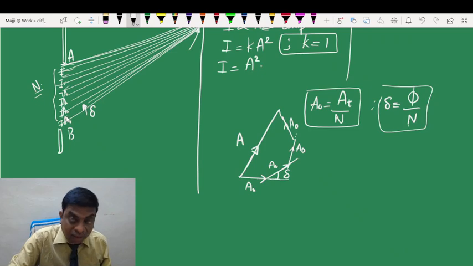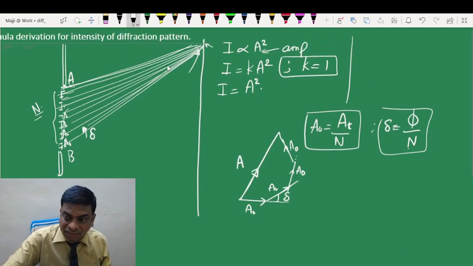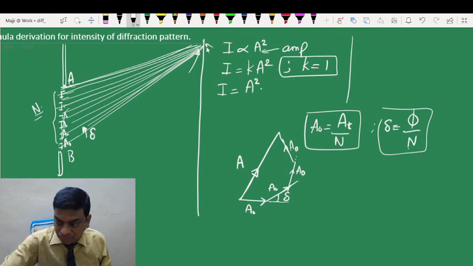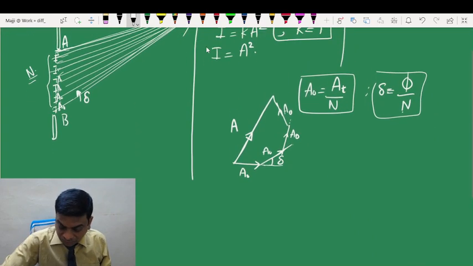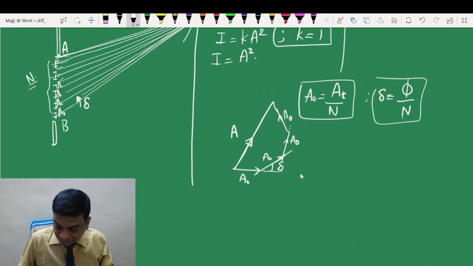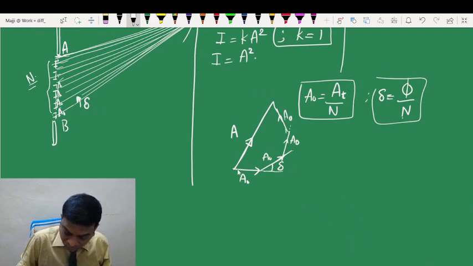So delta is the phase difference between adjacent secondary wavelets interfering at this point. Okay. So basically, the total phase difference from here to here is actually phi. That is, the angle between this and this will be phi.